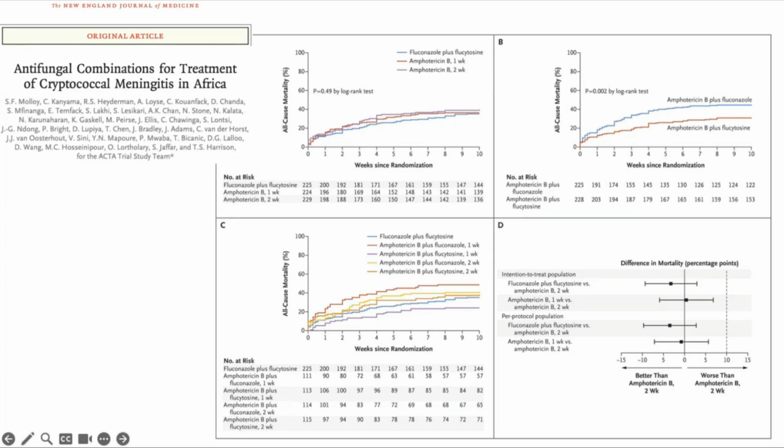They also looked at 1 versus 2 weeks. Higher mortality was in that amphotericin B plus fluconazole for 1 week. And you can see in here, they just collapsed the groups that got amphotericin plus fluconazole for 1 or 2 weeks versus amphotericin plus flucytosine. Amphotericin plus flucytosine actually had improved mortality and is the preferred treatment.